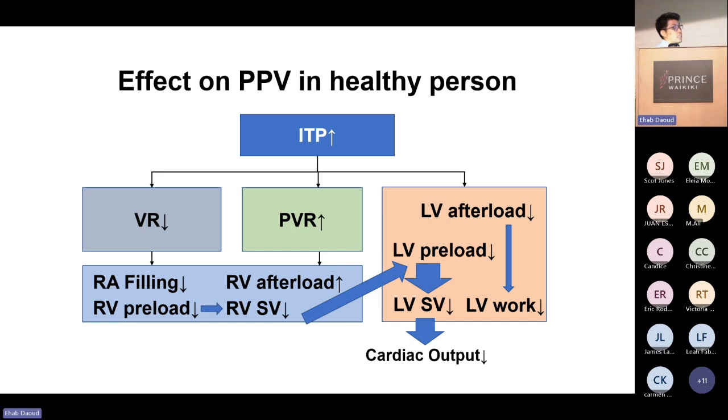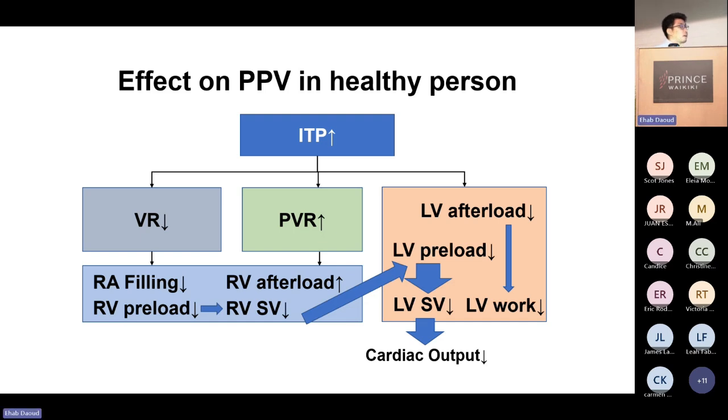Even though we're decreasing LV afterload, the effect of elevated intrathoracic pressure is a cardiac output drop. That happens in a healthy person with a healthy heart.